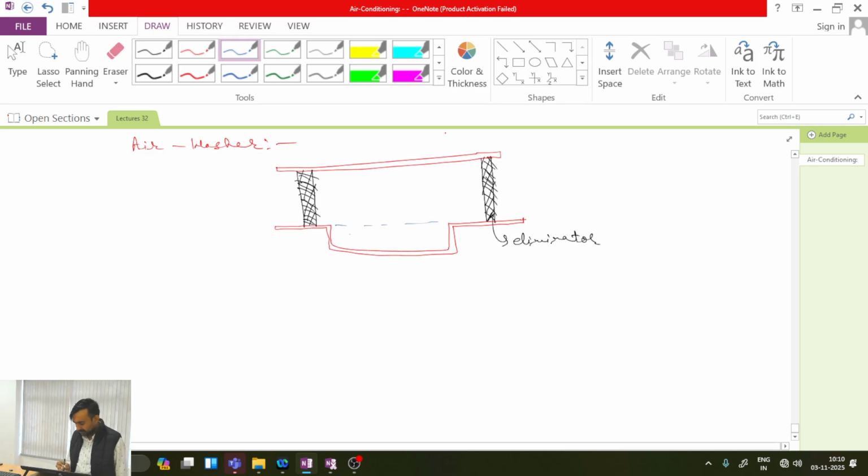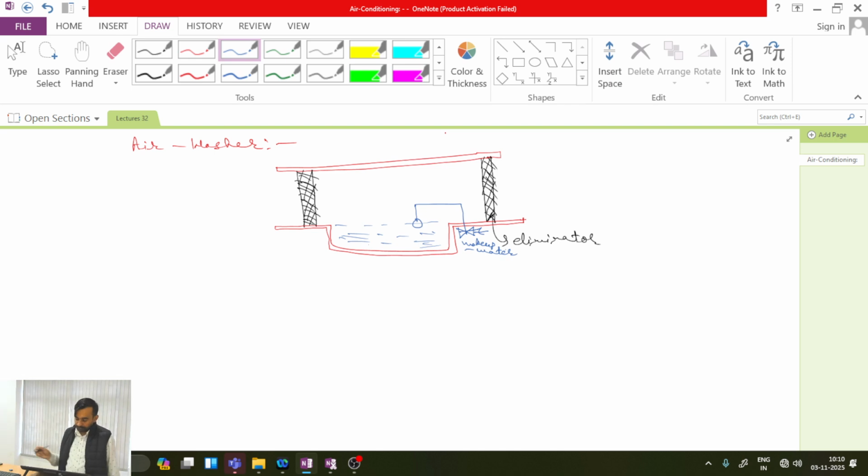In this sump we typically have water, and in order to maintain a constant level of the water we use a float valve as well. From here we supply the makeup water.